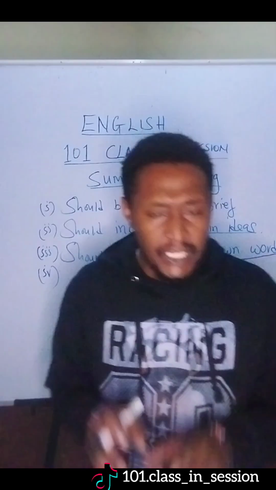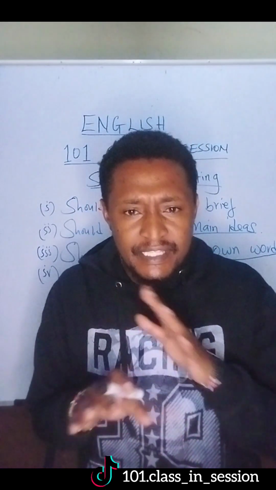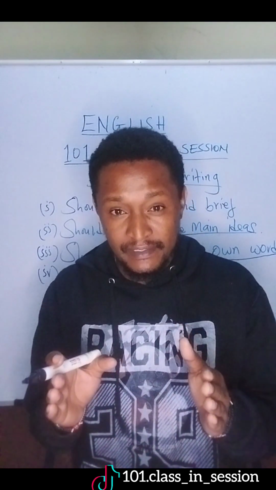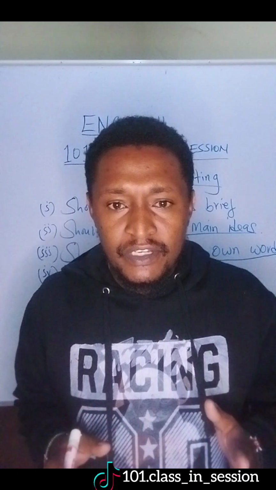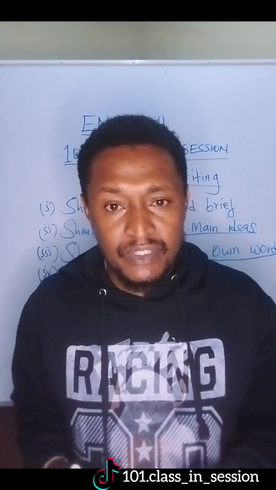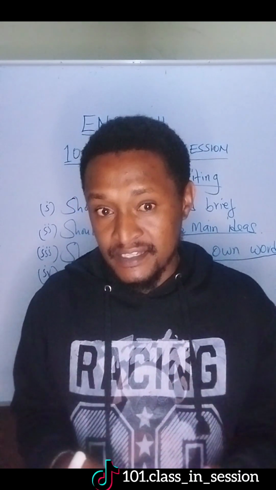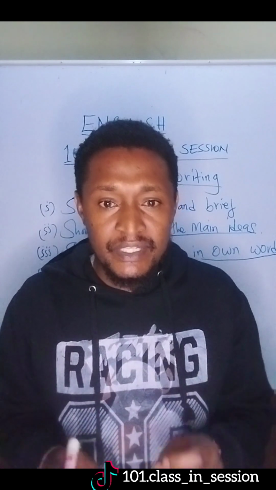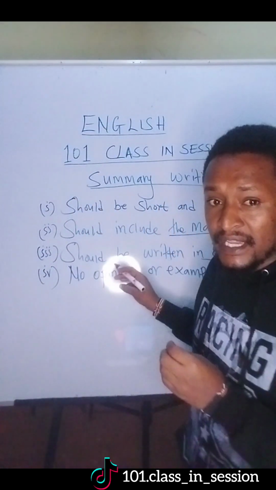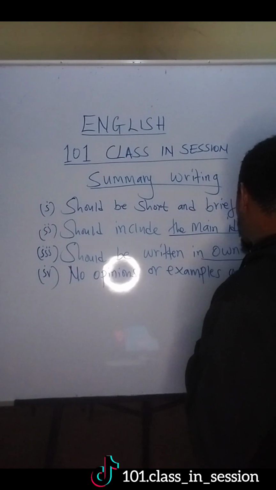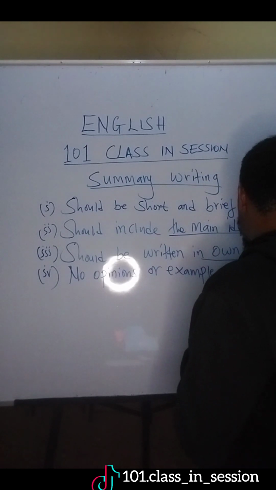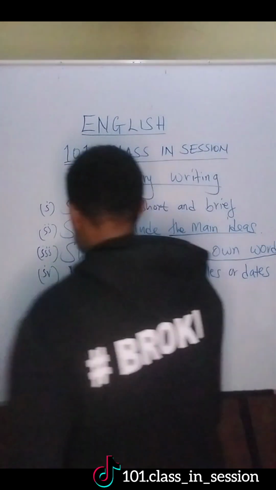Then finally, no opinions or examples are given. This one has quite a number of limitations. It's not only examples and opinions, but also dates and statistics. We do not include dates and statistics in summary writing.